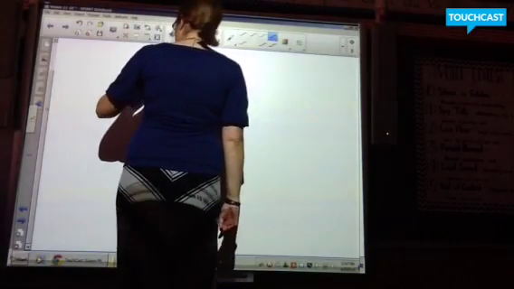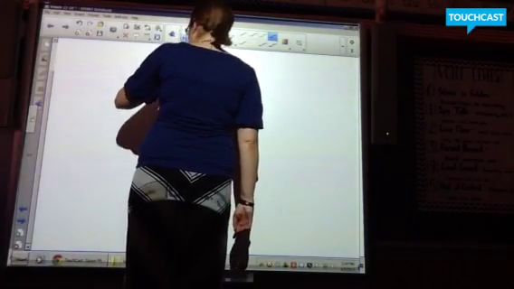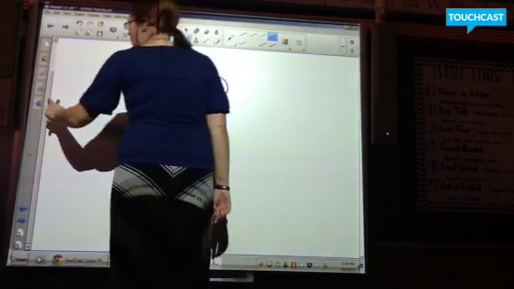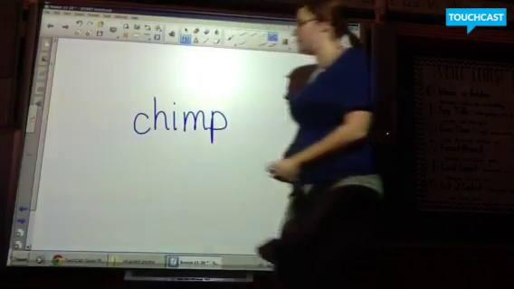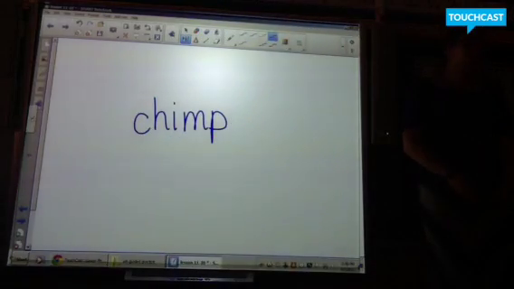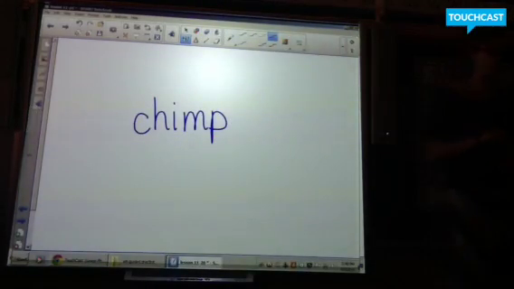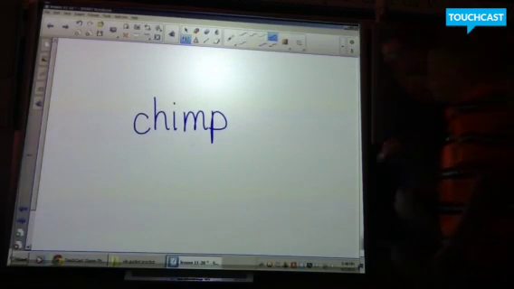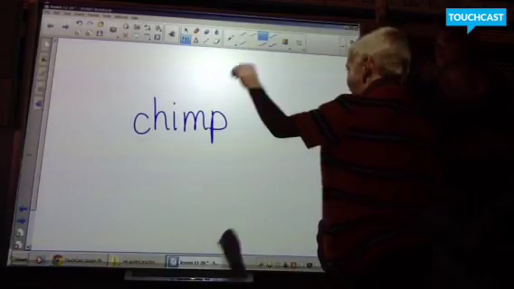So, let's see. My first one is going to be... Tate, can you come help me with this word? Okay. Let's change our color so we can tell what is our coding.